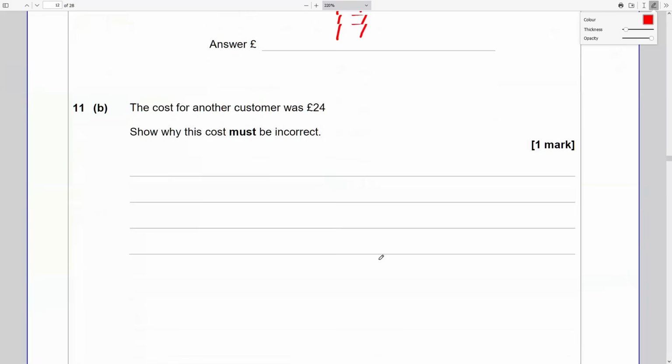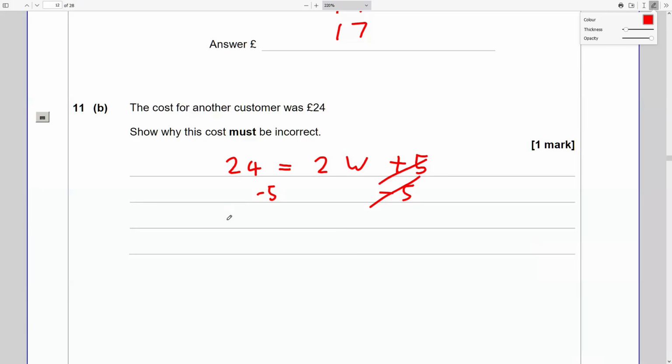The cost for another customer was 24. Show why this cost must be incorrect. Well, that means 24 equals 2 times the number of windows plus the 5. We take 5 off of both sides, minus the 5. That gets rid of it from there.